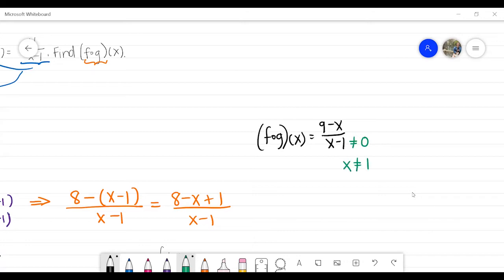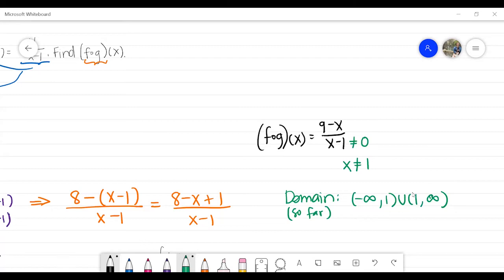So the domain so far, I'll put so far, is from negative infinity to 1, union 1 to infinity, everything but that number included, right? Just that number removed from it.